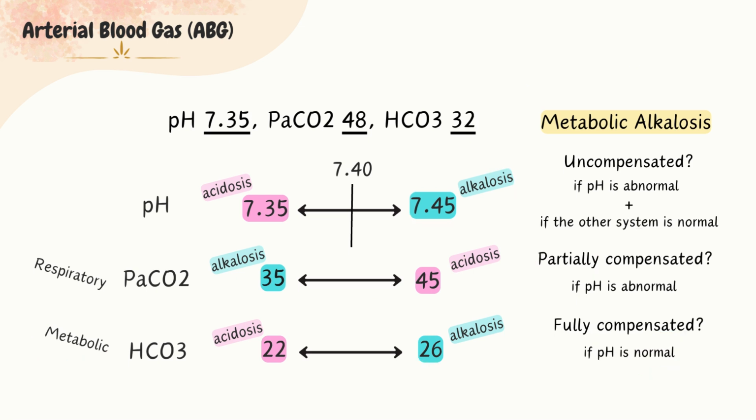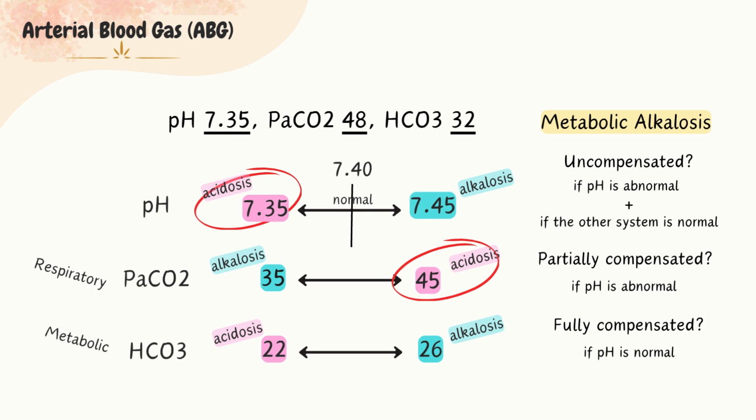Okay, let's look at question number 5. pH is 7.35. PaCO2 is 48. HCO3 is 32. What do you think this is? pH is 7.35, which is normal but definitely leaning toward acidosis. PaCO2 is 48, which makes it an acidosis.